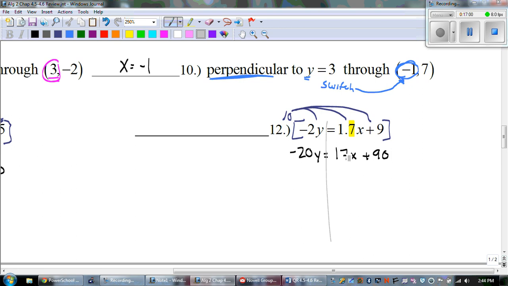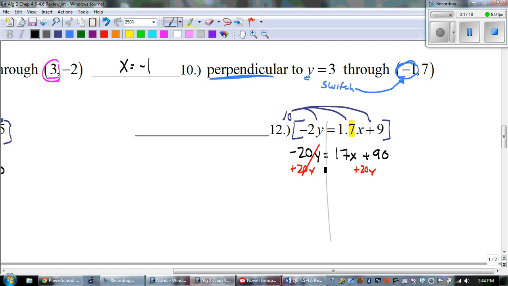Okay, so once again, we want to get everything by itself. Now, maybe you guys are like, Mr. Grice, I don't like how you did that last one. I don't like having to multiply by a negative. Okay, I'll show you the other way to do it. That means I want to get the y to the other side.